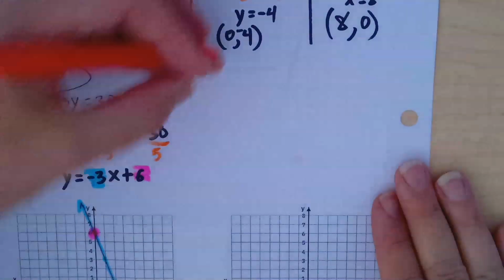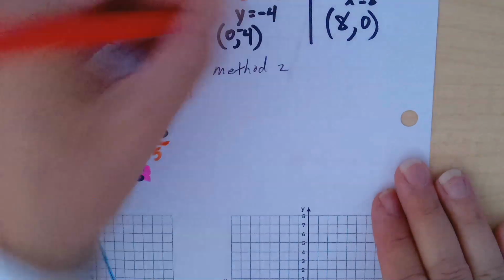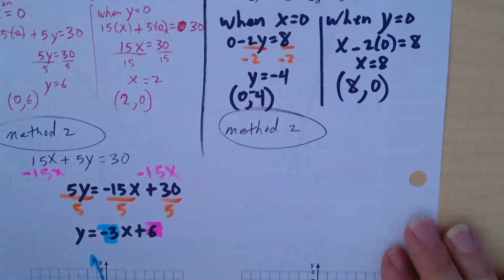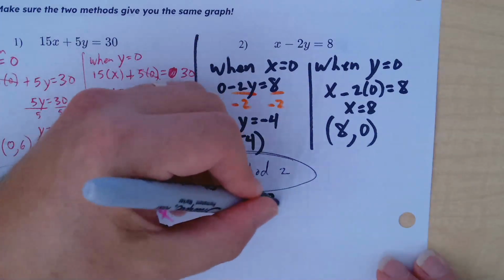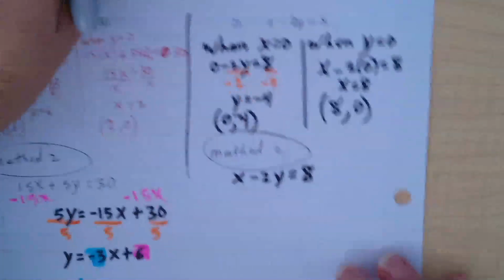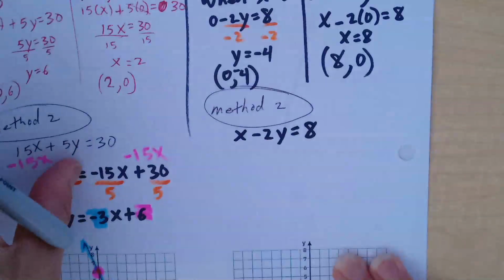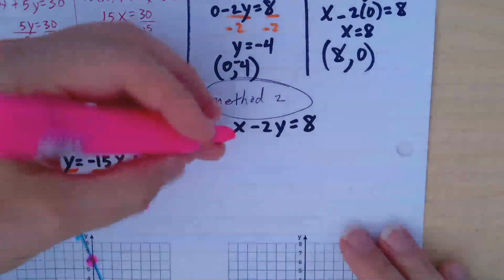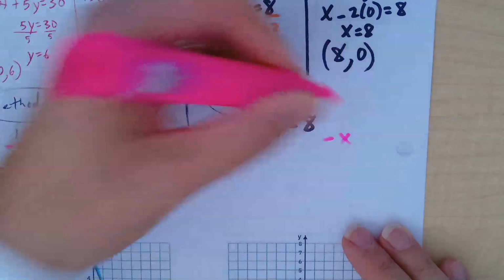So let's use method 2. So using method 2, let's rewrite my equation. It is x minus 2y equals 8. So step 1 is we want to get y all by itself. So I'm going to subtract x on both sides of the equation.